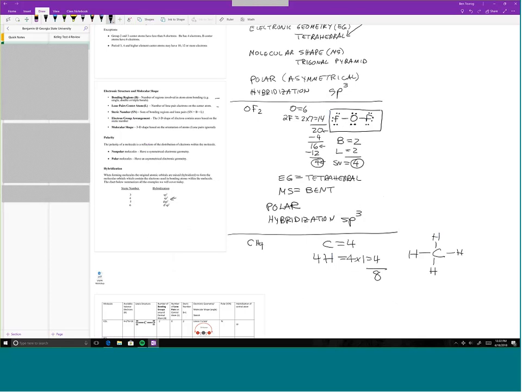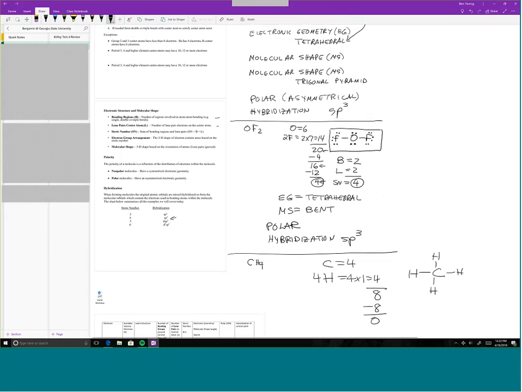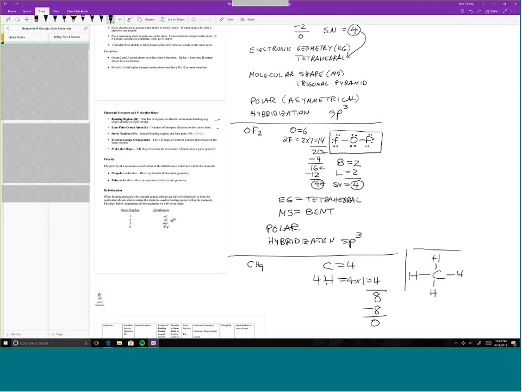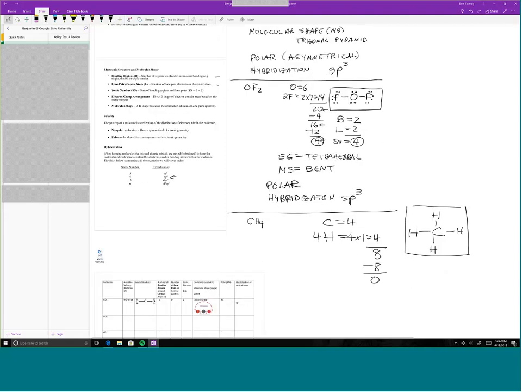By virtue of the 4 bonds we just formed, we will deduct 8 electrons, 2 times 4, 0 electrons remaining. So we're going to check the center atom to make sure it has 8 electrons, and it does. So there we have it. CH4 is all set, 4 single bonds between carbon and hydrogen.